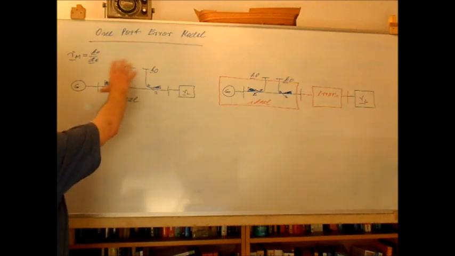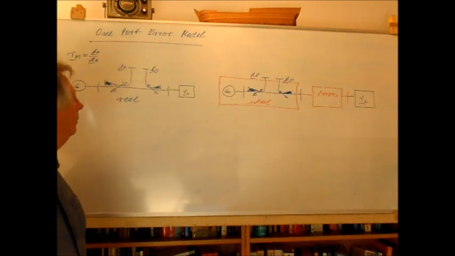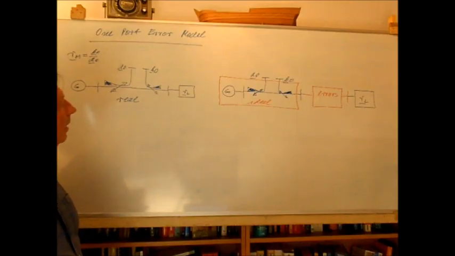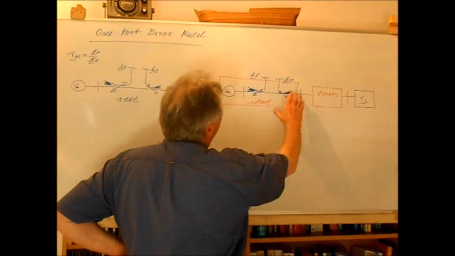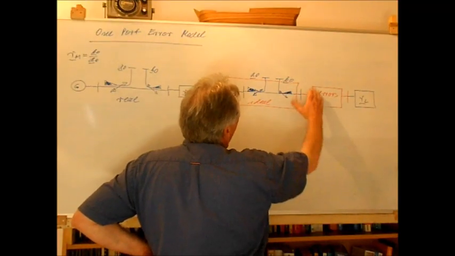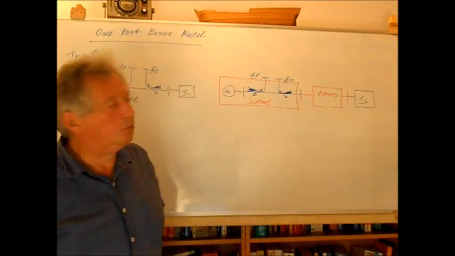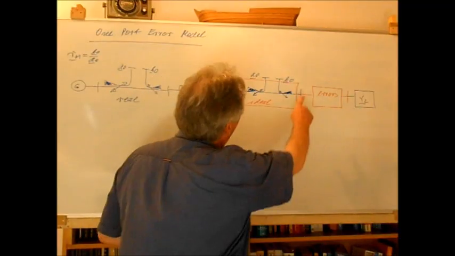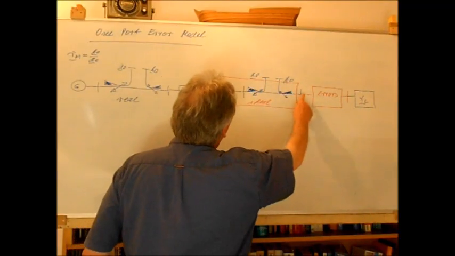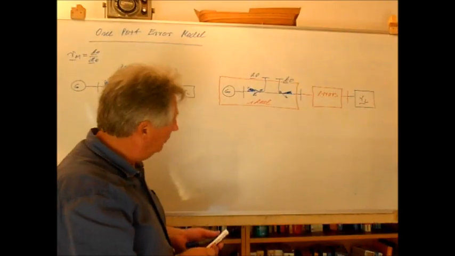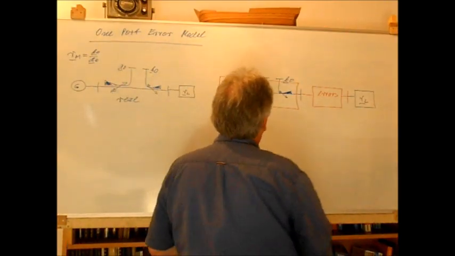But we assume that this is a real reflectometer with different errors, and now we assume that we can locate all the errors in a so-called error two-port. This is our error two-port, and we assume this to be the ideal reflectometer.